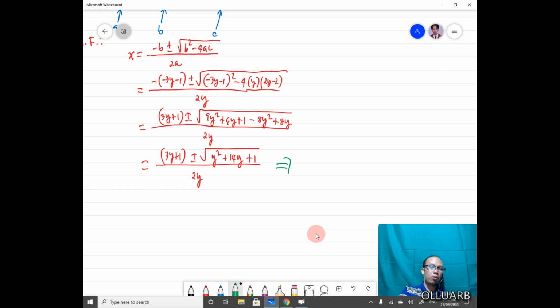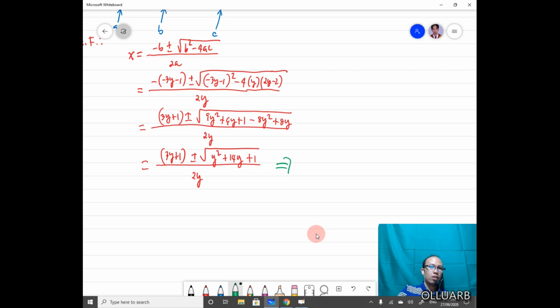Why greater than or equal to 0? Because the index is 2, and this expression is not in the denominator, so it will include the y value 0, because the square root of 0 is 0.